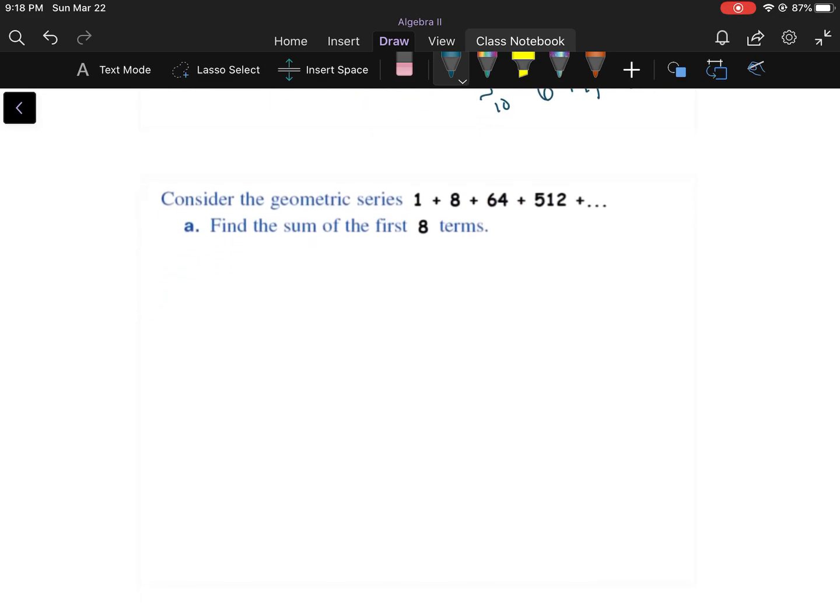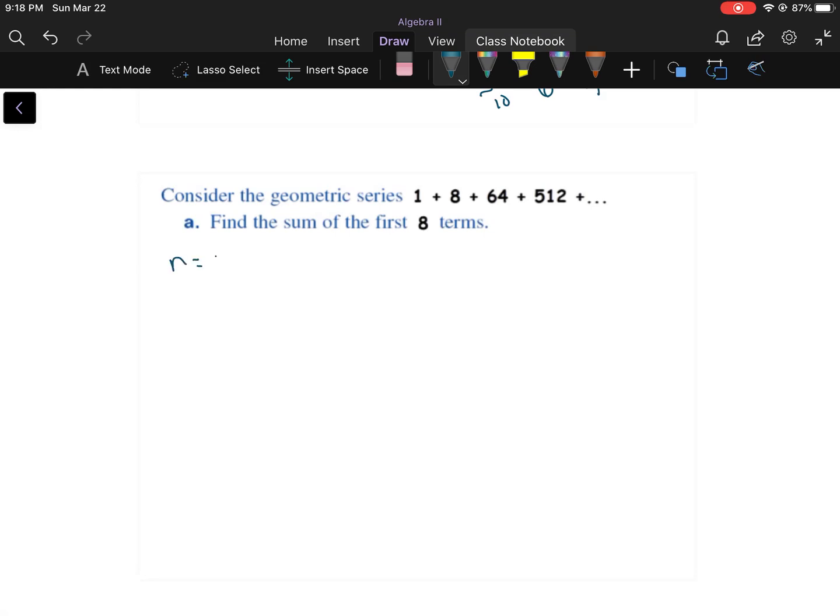Okay, so geometric sequence, I got 1 times 8, all right? So R is 8, A1 is 1. Now the sum of the first 8. So again, I'm going to make sure that I take the numerator.